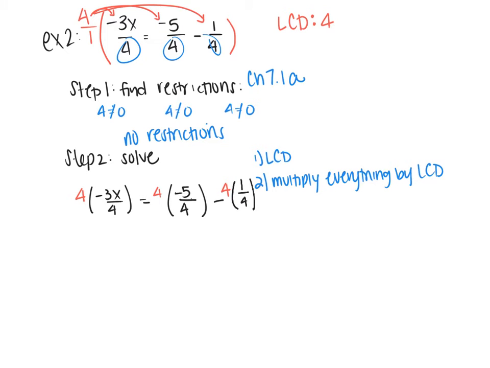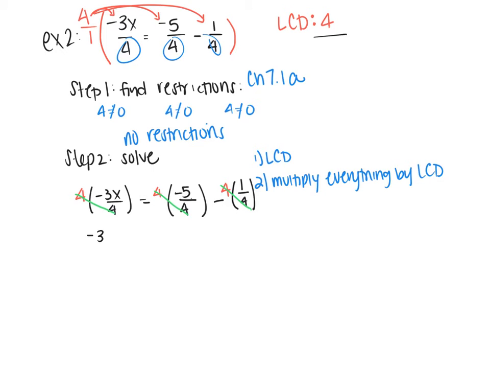So all I did was multiply through by the least common denominator, and in my case, it's 4. Now, if I multiply by the right LCD, stuff will cancel. Cancel, cancel, cancel. Again, I can only do that because I multiplied every single fraction by the least common denominator.